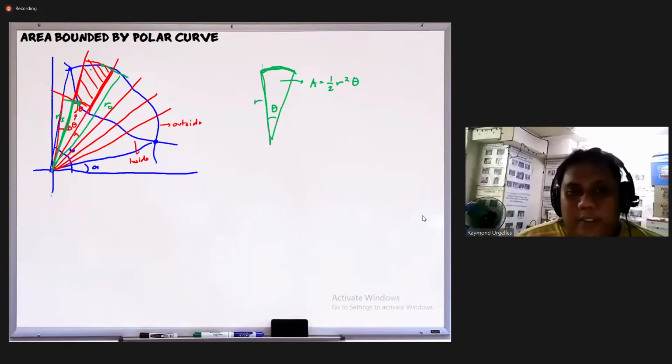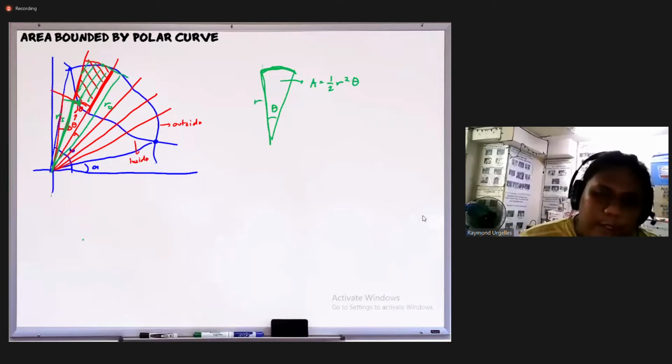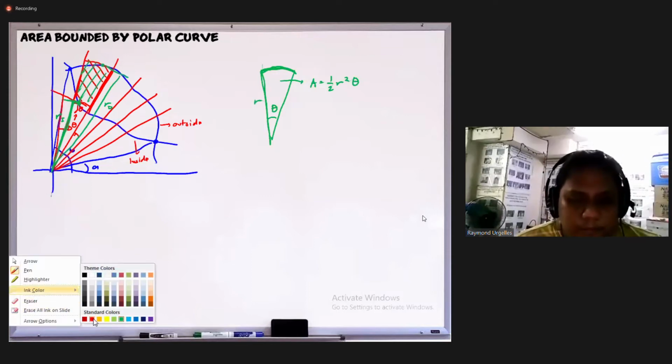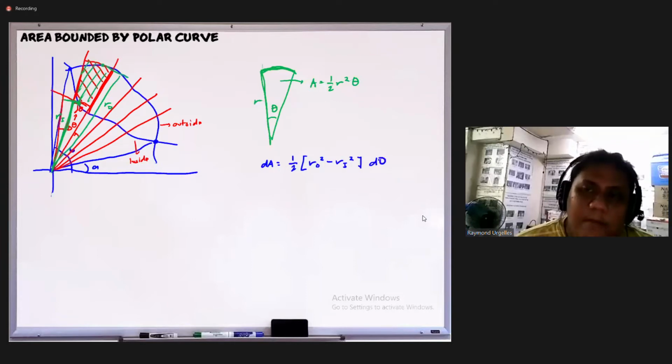Okay? So basically pag kinuha natin tong area na to, that is area ng sector ng outside curve natin minus yung sector ng inside curve natin. So therefore, yung magiging equation natin dito is the differential area for the sector will be given by 1/2, r outside squared minus r inside squared, multiplied by d theta.